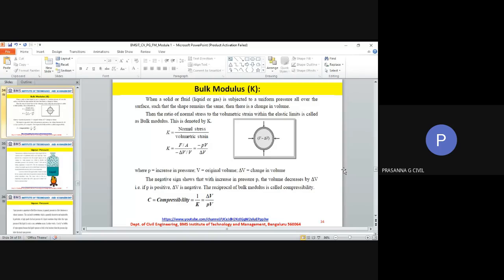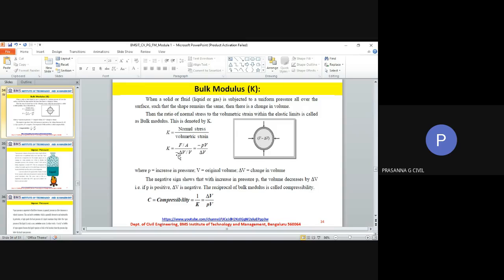Now if you look at this expression, a gas or a liquid is subjected to a uniform pressure over the surface such that the shape remains the same, but there is a change in volume. The bulk modulus is defined as the ratio of stress divided by volumetric strain.